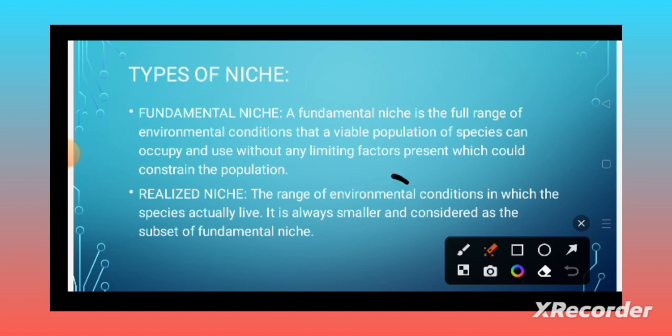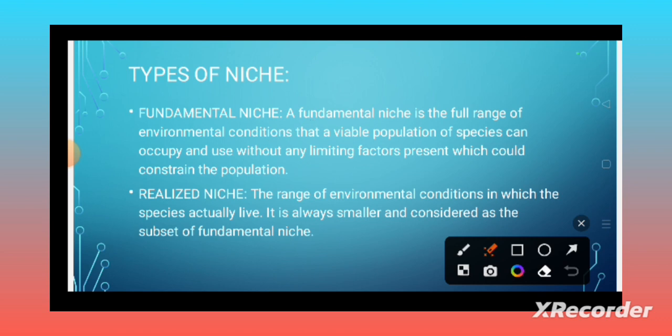That means competition between organisms, and within the species, is present in the realized niche. Let's see which one is bigger in size and which one is smaller. In the fundamental niche, obviously, there is no competition and there are abundant resources.